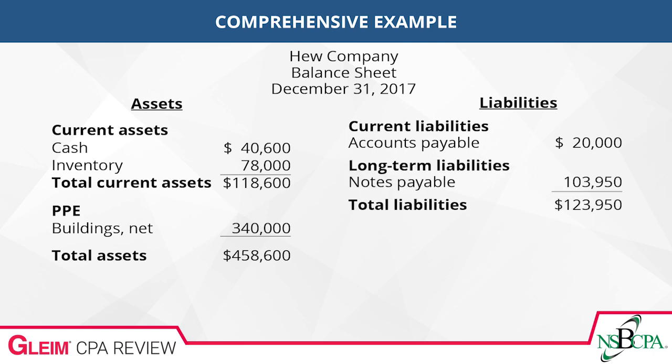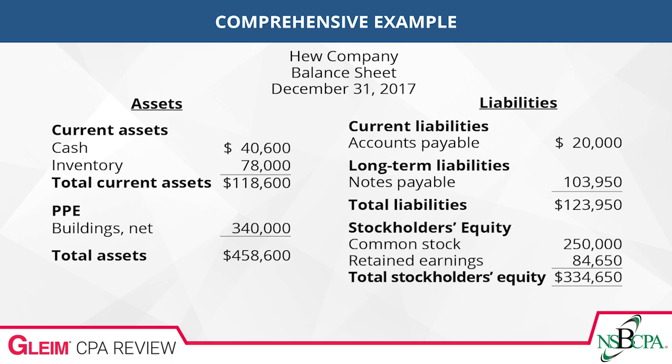In our list on the trial balance, it was noted that the notes payable is due in 2020. That is more than 1 year from the balance sheet. So this notes payable would be classified as a long term liability. Current liabilities and long term liabilities are added together to arrive at the total liabilities of $123,950.